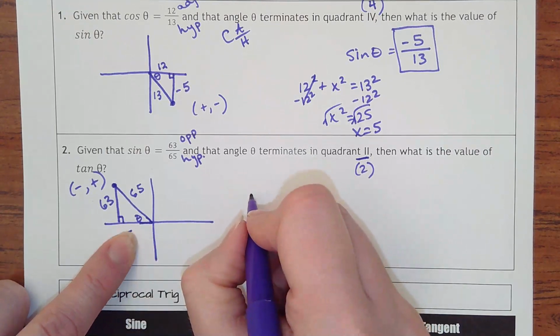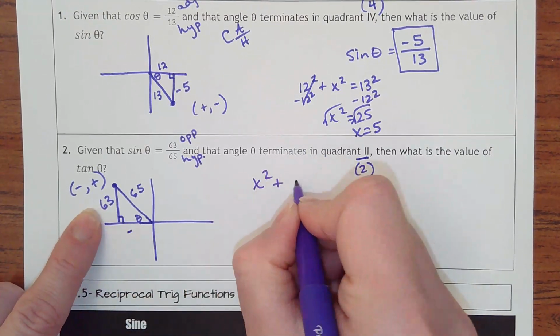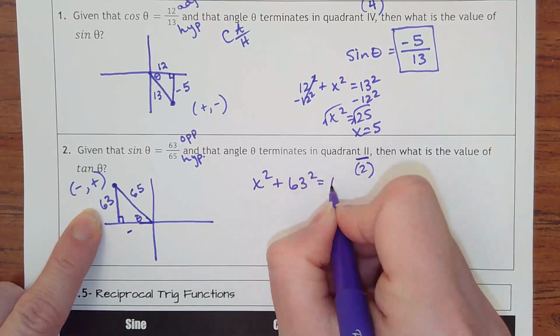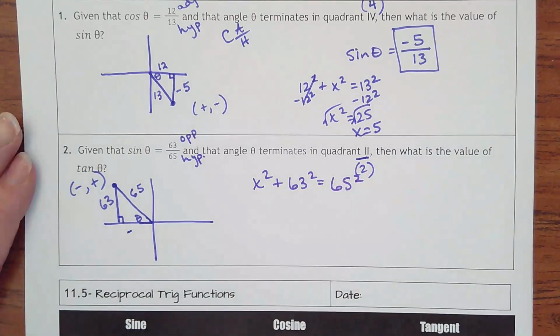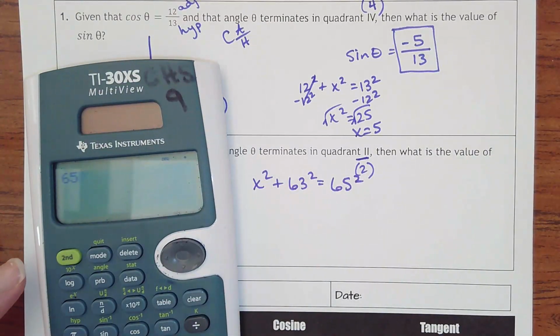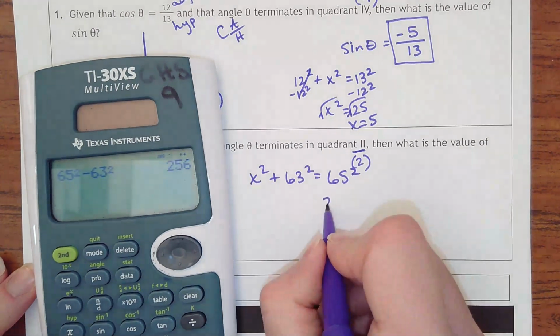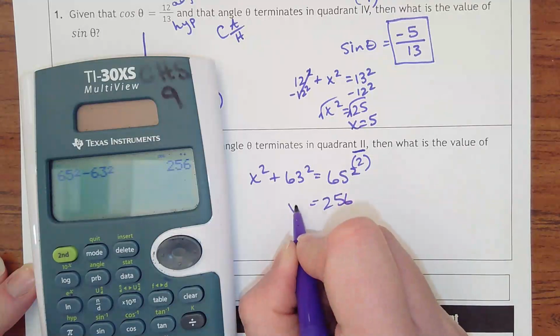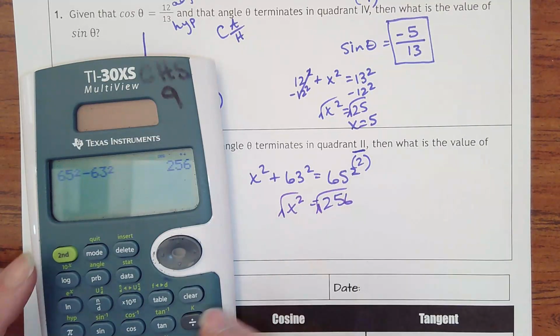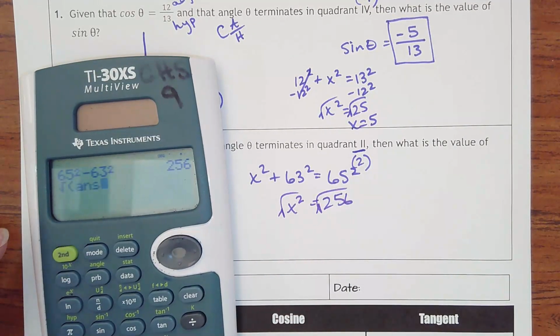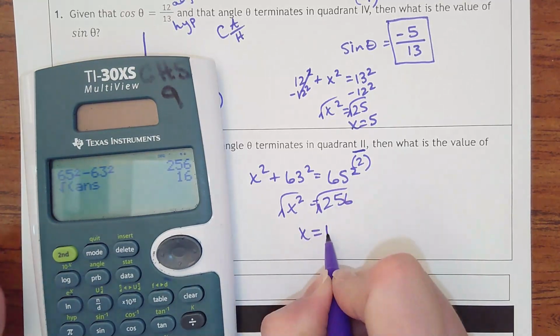So Pythagorean theorem will be, let's call this x squared plus 63 squared equals 65 squared. I'm going to do 65 squared minus 63 squared and get 256. Square root that. And I get 16.